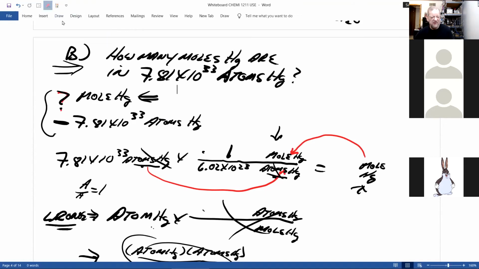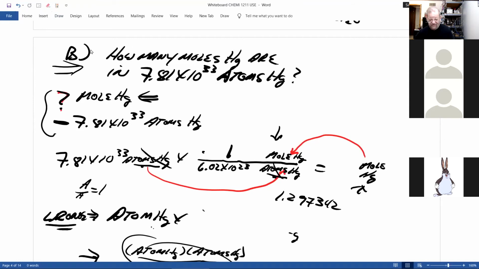Let me make a little room here. Now, this is 3 significant figures, exact number, 3 significant figures. Therefore, my answer should be 3 significant figures.